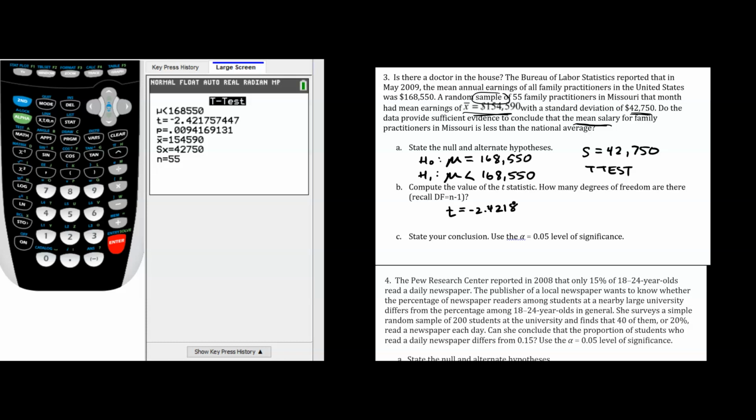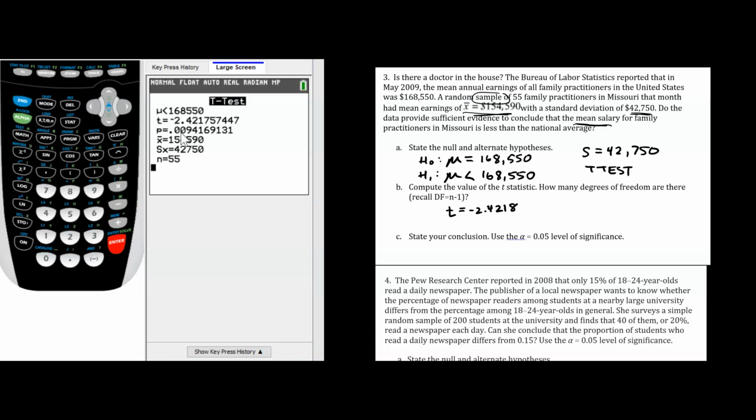And so that means that our point estimate of 154,590 is almost 2.5 standard deviations below an assumed mean of 168,550. In other words, it's pretty unlikely to get something that's that far away from the mean unless maybe your true population mean isn't this. And that's exactly what's confirmed in our p-value right here.